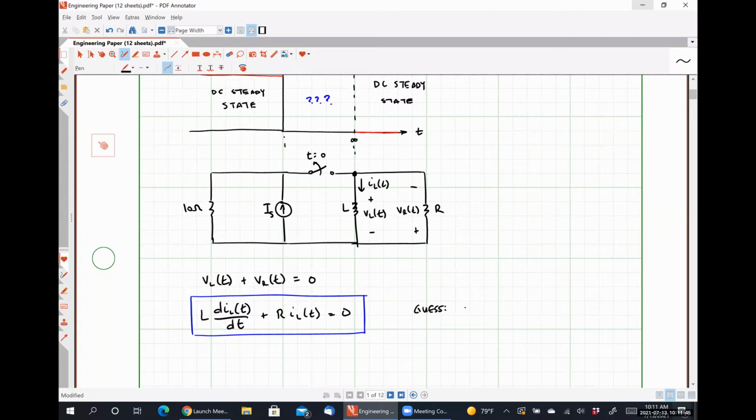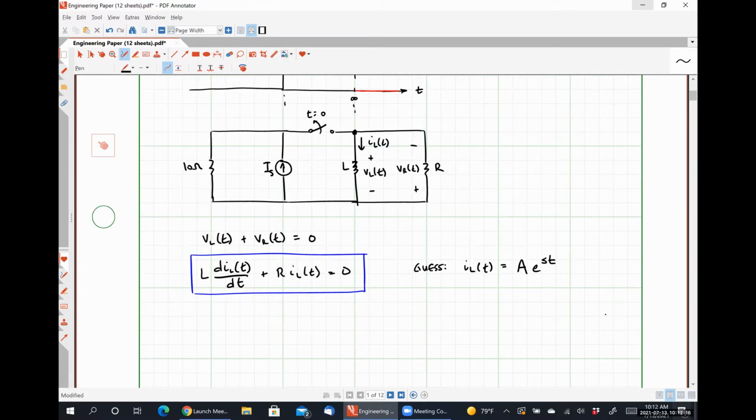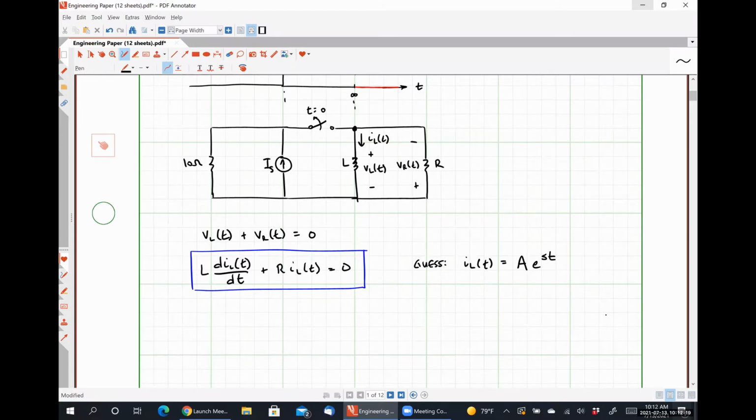I'm going to say that I believe iL of t will be of the following form: A e to the st. So it's a current which will have some initial value, A, and it will exponentially either increase or decay, depending on what the value of s is, as time progresses.